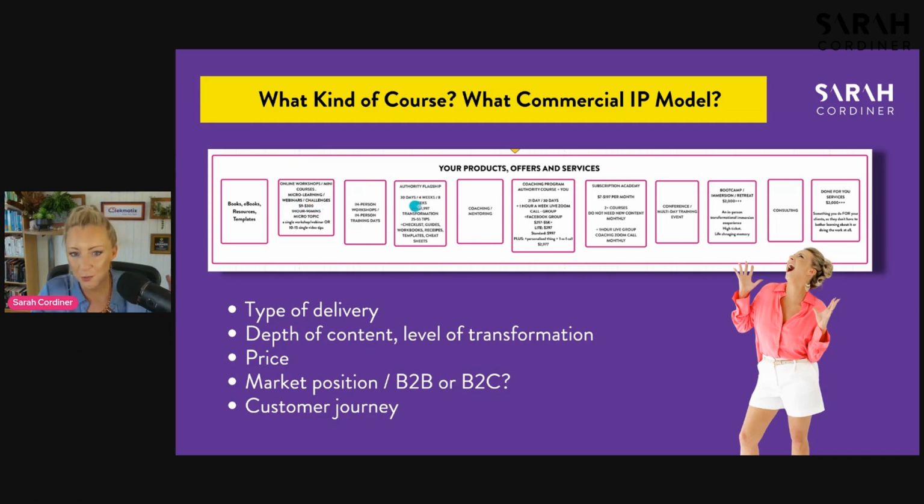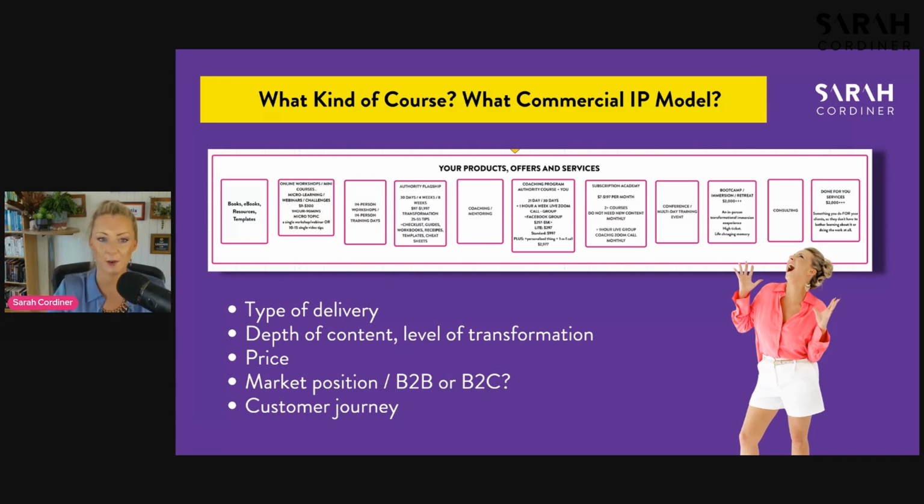As you move up along your customer journey, you're going to move into more coaching programs, your mid-price things. Then you're going to move up to higher price stuff such as boot camps or retreats or consulting or done-for-you services. Now, you do not by any means have to have all of these options in your business. I do believe that the more simple you keep your business, the more profitable your business becomes.